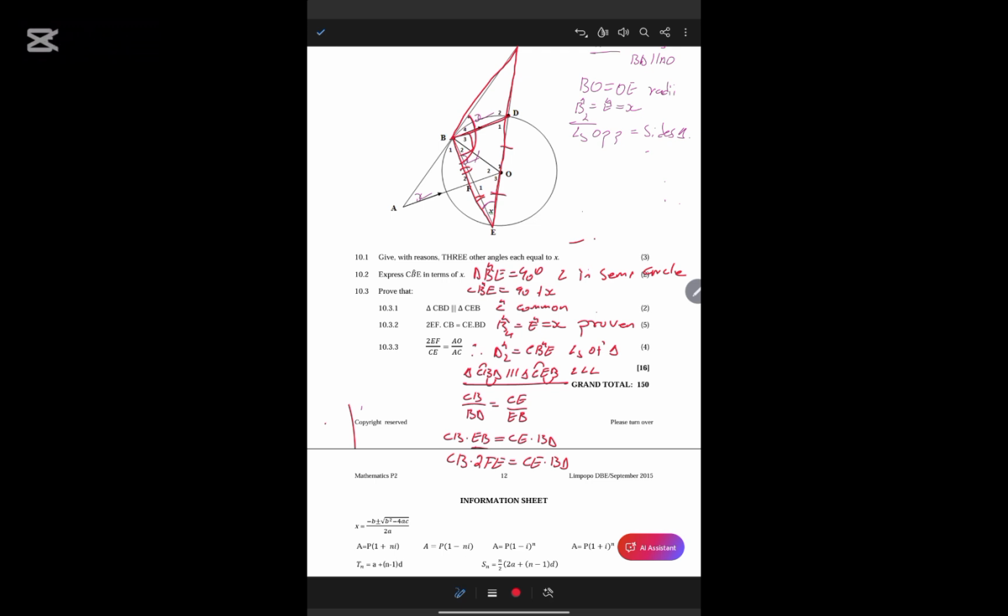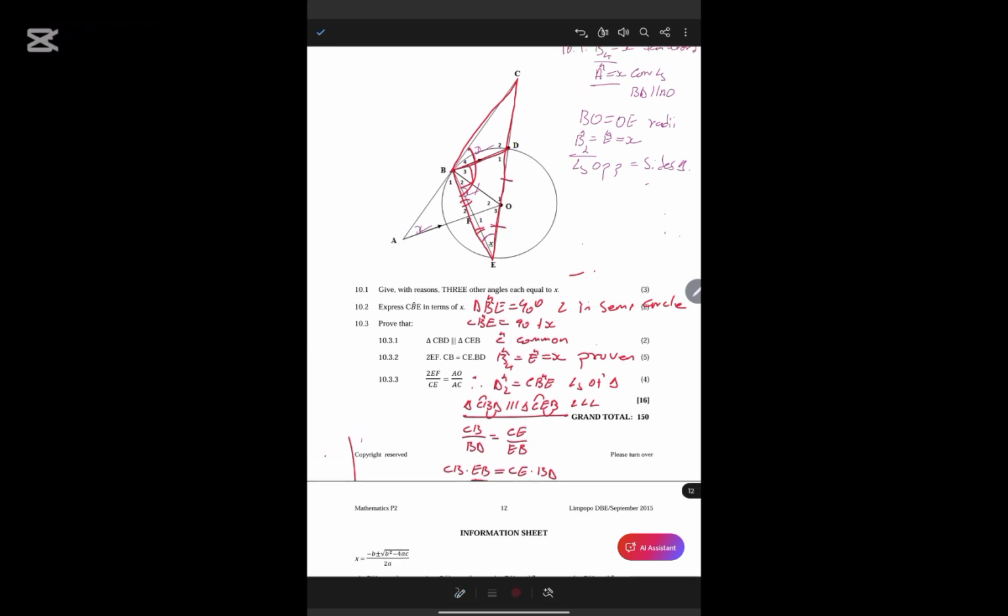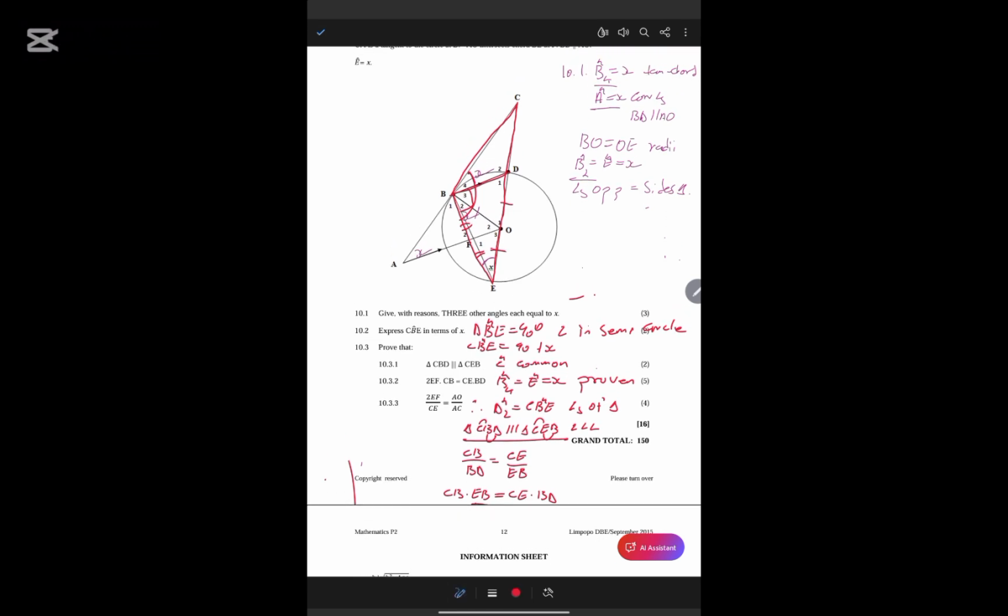Now, let us go and look at the last question, which is question 10.3.3. Now, how do you deal with this kind of problem? Just look at the names that they used. Well, 2EF, you know 2EF represents BE. That is from the previous question.